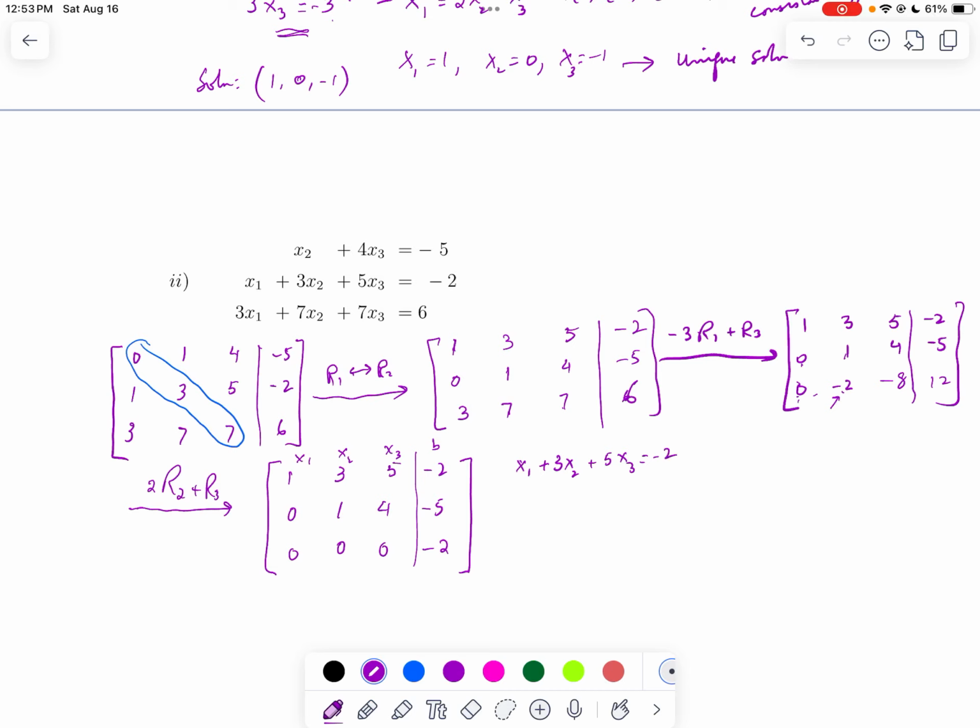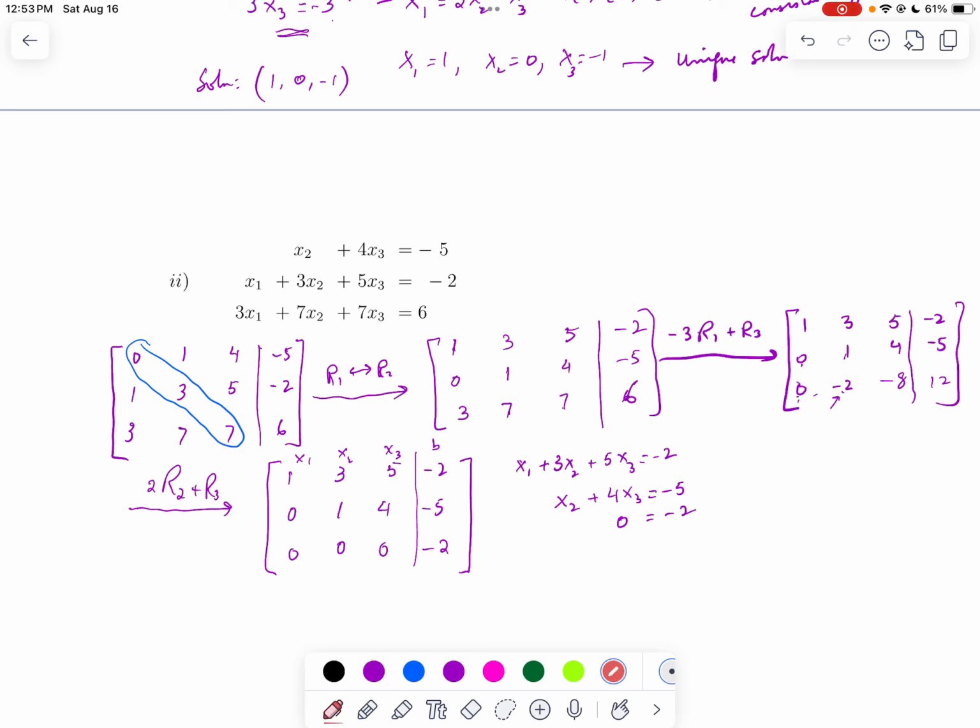The second gives me x2 plus 4x3 equals -5. What is the last one giving me? It says 0x1 plus 0x2 plus 0x3, which gives me 0, and we're saying 0 is equal to -2.